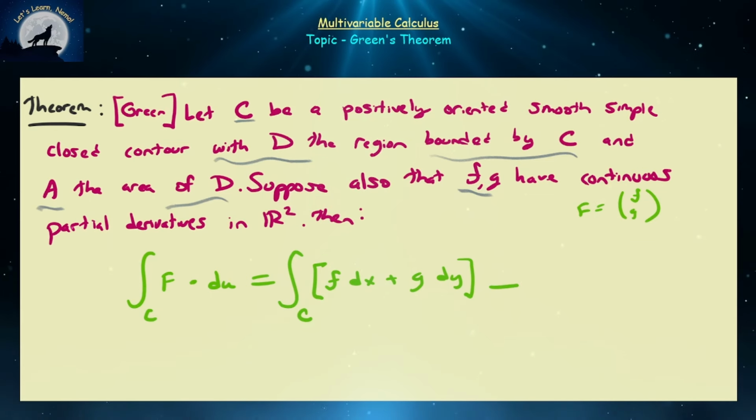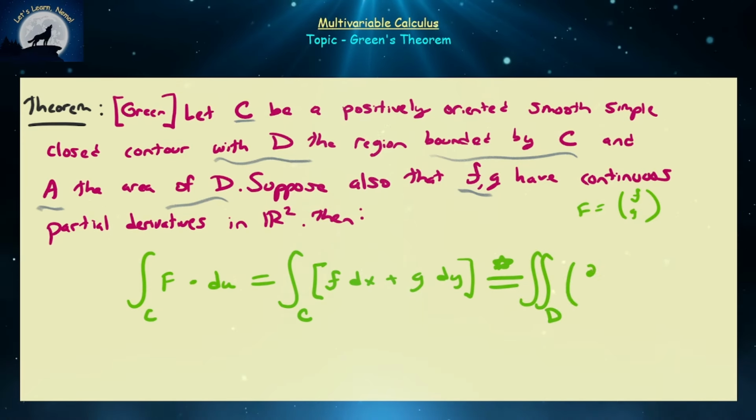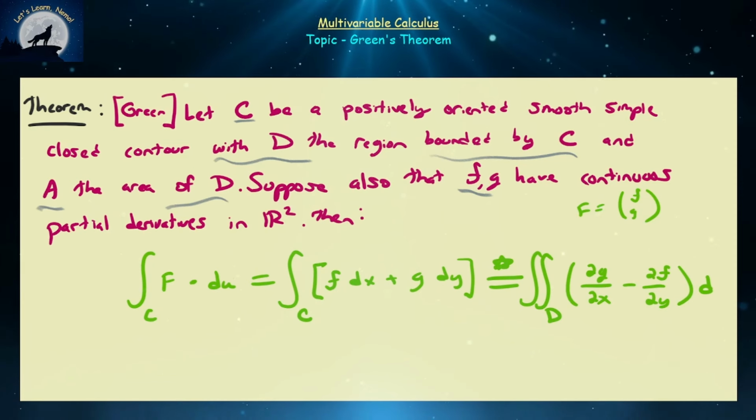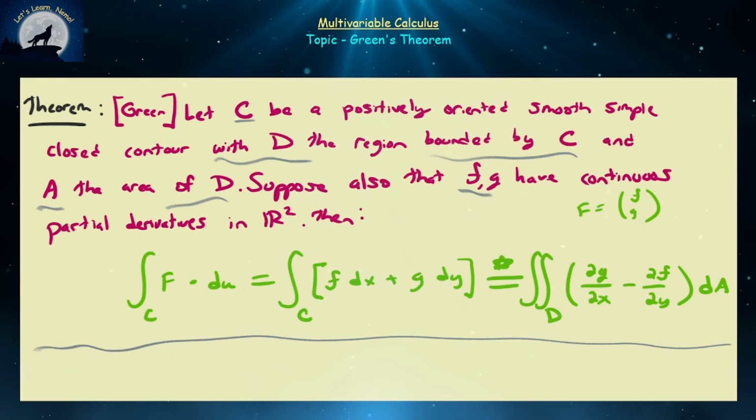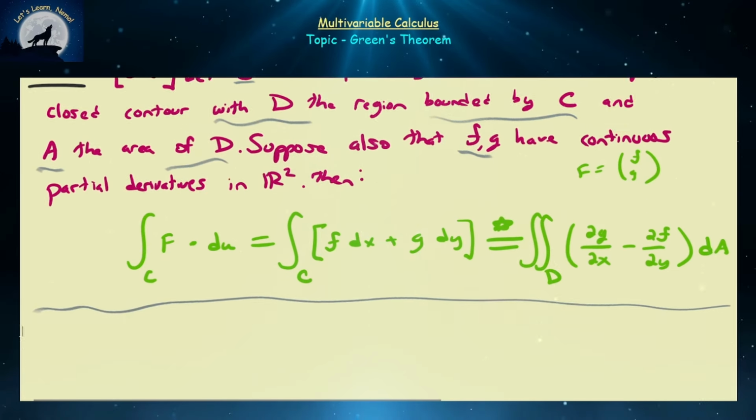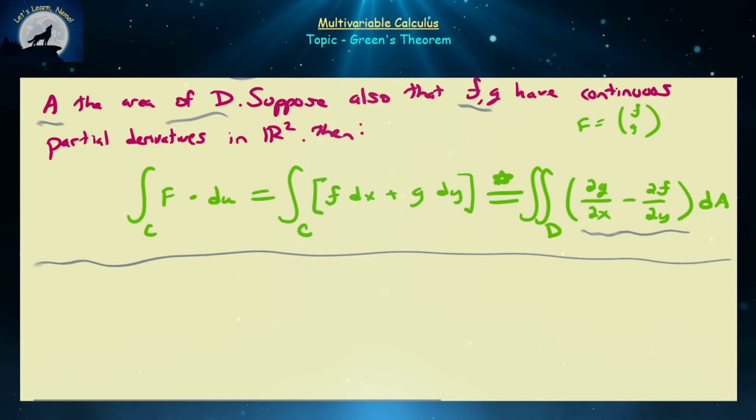Then we can actually find this, and this is the new part that Green gives us, by doing the double integral over the two-dimensional region D of the partial derivative of g with respect to x minus the partial derivative of f with respect to y dx dy, aka dA. Right, so this is what we refer to as Green's theorem. And yes, the thing located right inside of that double integral is indeed the curl, and that's going to be very useful in just a moment.